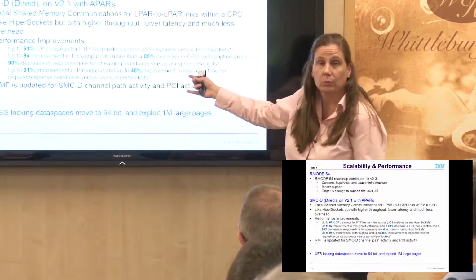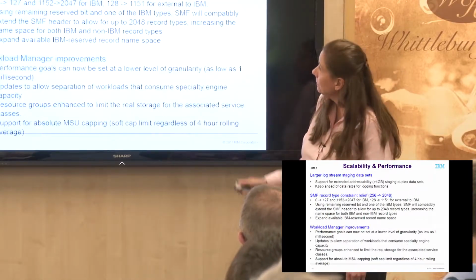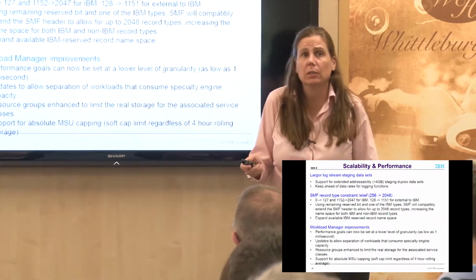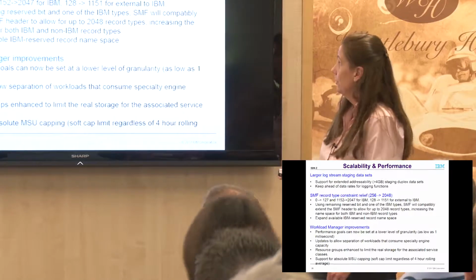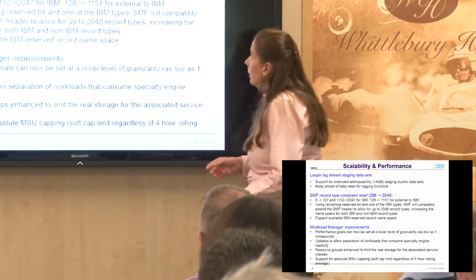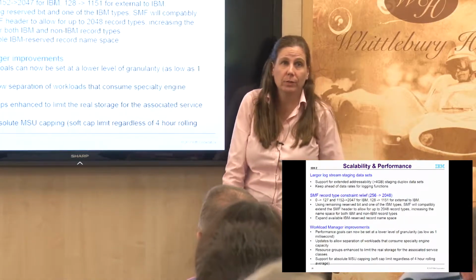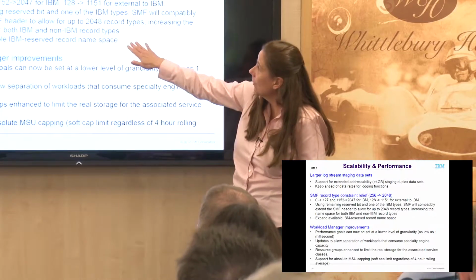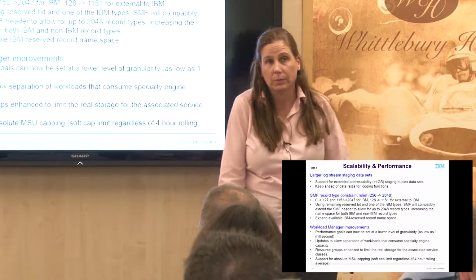Not to say that your system would have these numbers, but these are performance numbers that we have seen on our systems. We have the ability to have larger log stream staging data sets, bigger than 4 gigabytes. We're trying to keep ahead of the data rates that you have for logging. We have more SMF record types. We ran out of SMF record types, and so in a compatible way, we now have 2,048 record types.